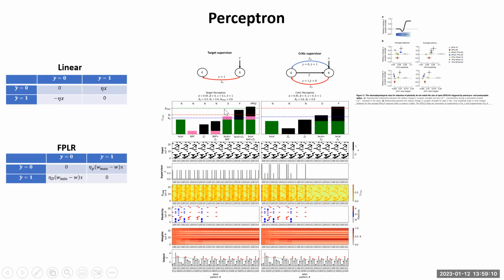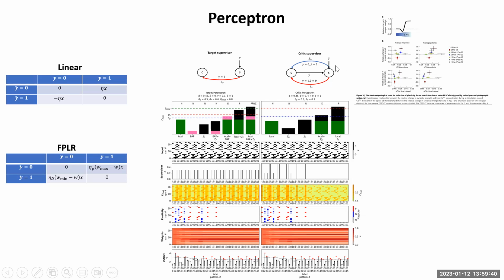Now, if you don't want to cheat in this manner, what you can do is have a different kind of supervising signal, which we'll call a critic supervisor. This is a supervisory circuit that tells you whether you were a false positive or false negative. If you were a false positive, it gives you a depressive signal. If you were a false negative, it gives you a potentiative signal. And if the neuron produced the right answer, it does nothing.